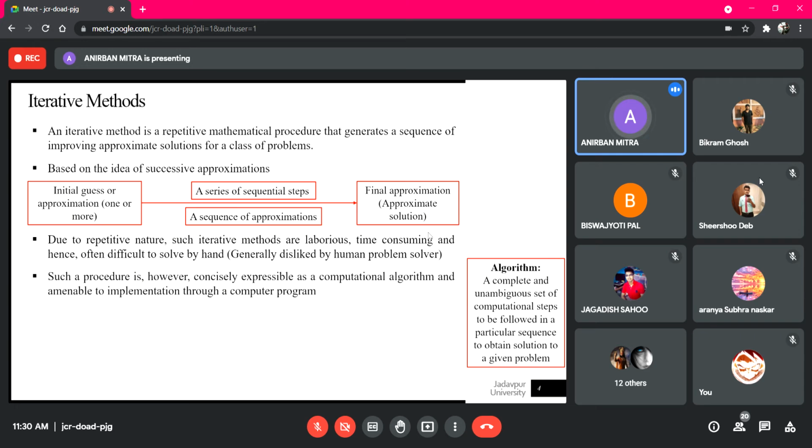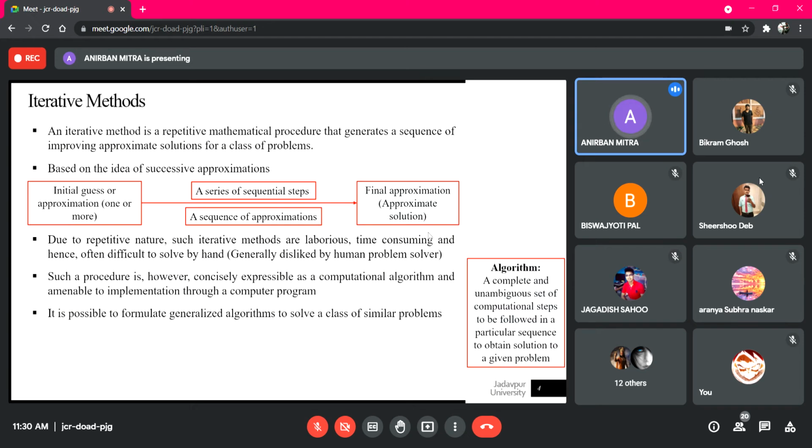The scope for human interference reduces quite drastically, and the job of the user would be to just supply the initial guess, and the rest would be taken care of by that algorithm and the computer. So that is the advantage of such numerical methods.